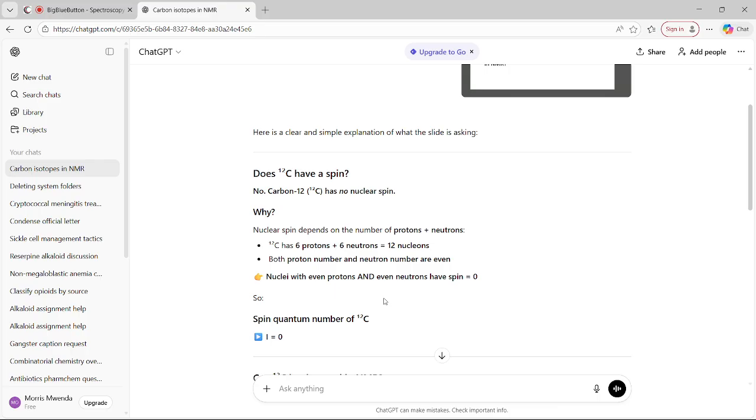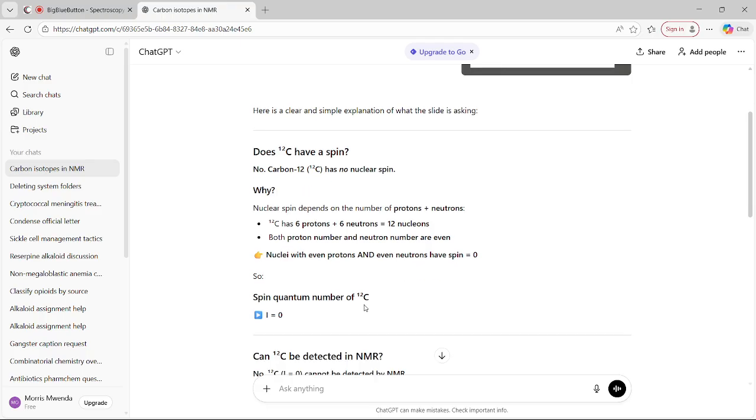But for every 100 carbons, only one will be absorbing NMR radio frequency. So that means a higher sensitivity equipment is required to carry out carbon NMR spectroscopy.